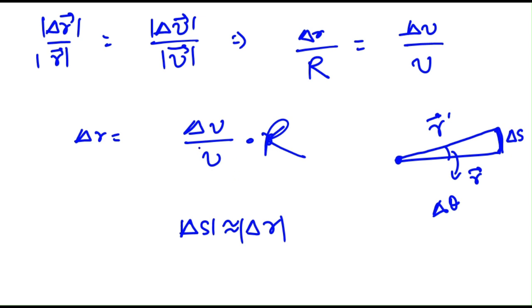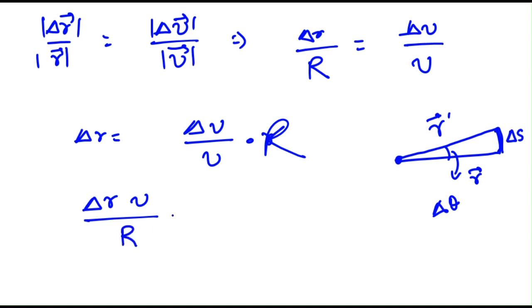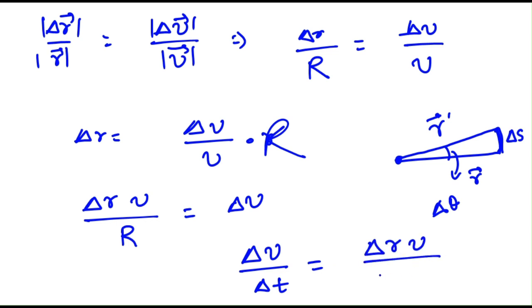So this delta v and this delta r, we can write in another way. Let's rearrange the terms. After rearranging, we get delta r into v divided by capital R equals delta v. Now, if we divide both sides by delta t, we have delta v by delta t equals delta r into v divided by delta t into capital R. Now we can take the limit so that we can get acceleration at a point.